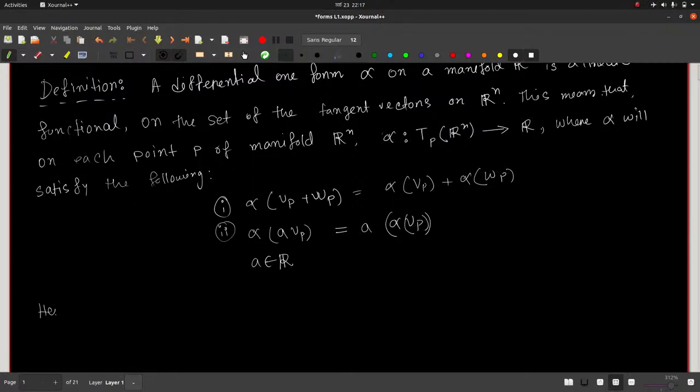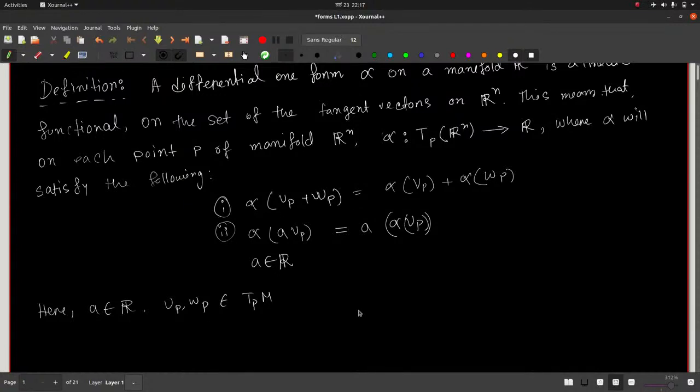And here, for completeness, we again say that A belongs to R, and VP, WP belong to the tangent space at that particular point of that manifold. So this is the definition.